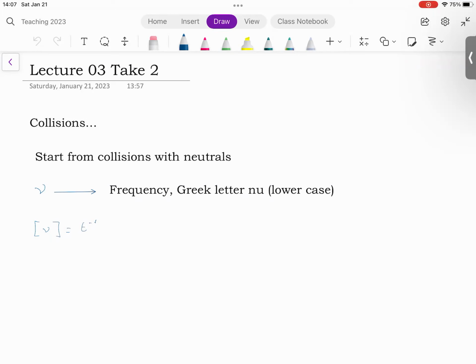What we really want to know is how often the collisions enter into the behavior of any single particle, and that is determined or described by how often that particle collides with neutrals in the system.